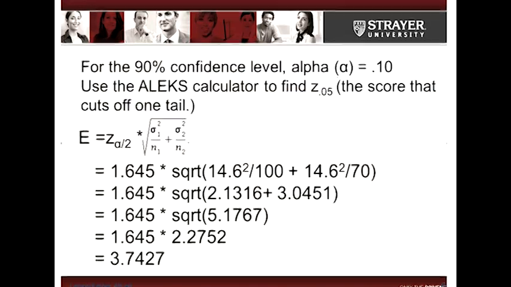So alpha is 0.10. Alpha is 1 minus the confidence level, so 1 minus 0.90 is 0.10. Then you can use your ALEKS calculator to find z of 0.05, and that's the score that cuts off one tail.